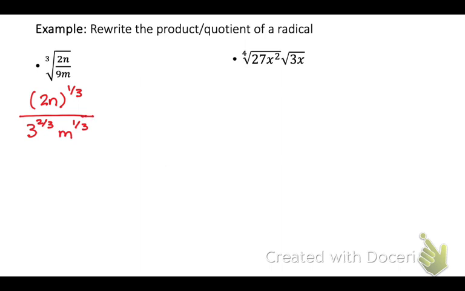What am I going to have to add to the 2/3 to get to 1? 1/3. So I'm going to put 3 to the 1/3. When I multiply the denominator, I have to multiply the numerator. And I'm going to have to add what to 1/3 to get to 1?